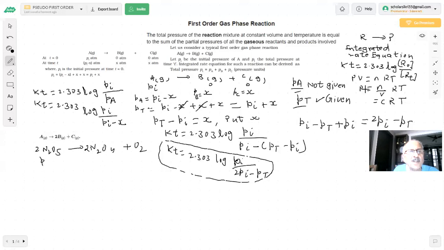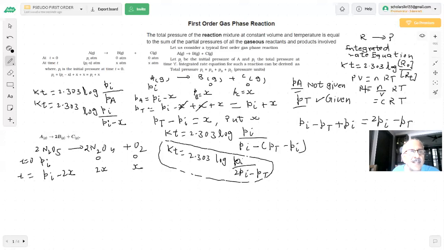At the beginning, time t equal to 0, this is Pi, this is 0, 0. After time t, what will happen? It will become Pi minus 2x, and this will become 2x, and this will become x. Clear? From the stoichiometry of the equation.